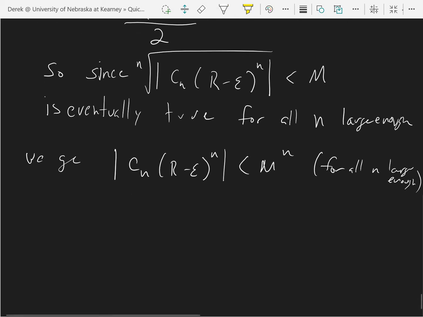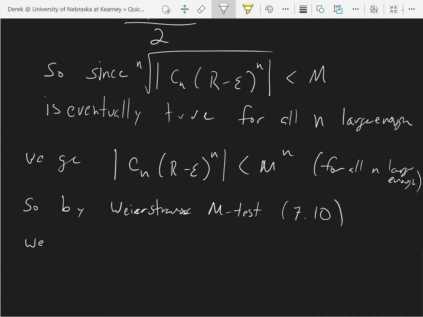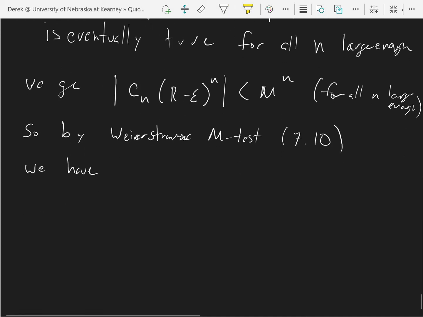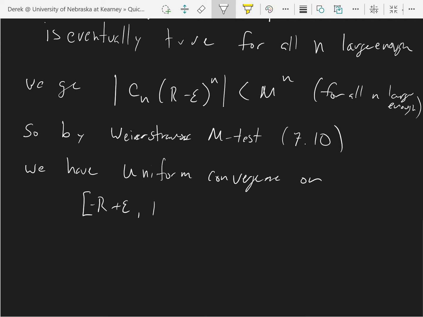This is enough to say we have absolute convergence or uniform convergence by the Weierstrass M test. I think this was 710, I think. We have uniform convergence on negative r plus epsilon to r minus epsilon using the Weierstrass M test.